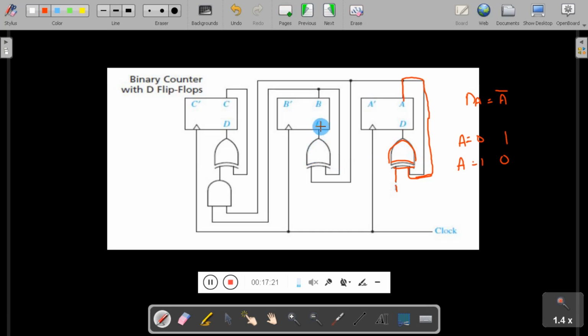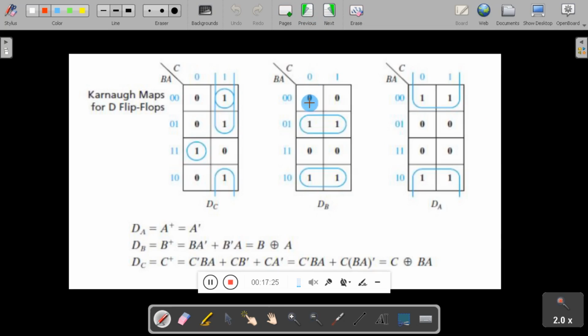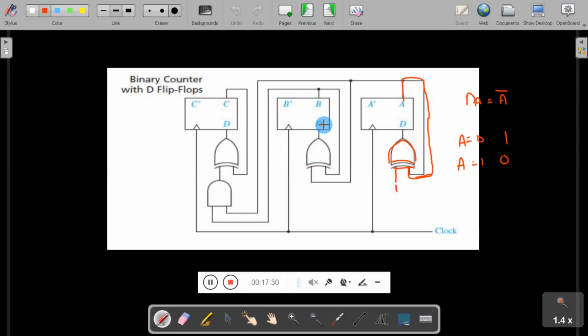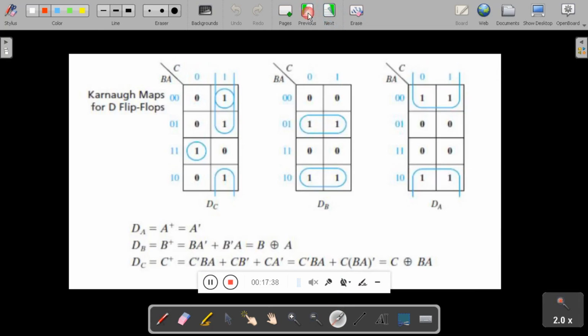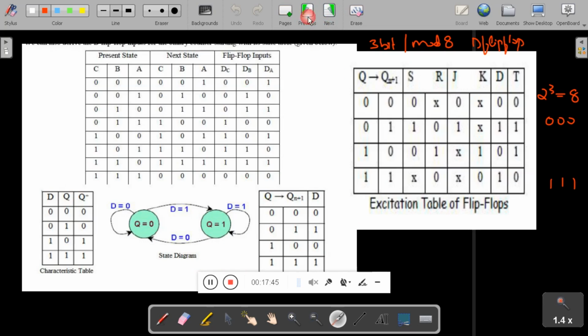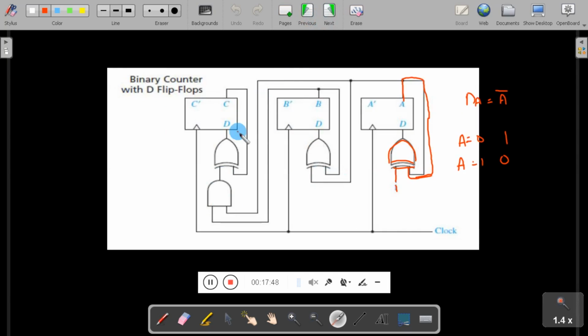Now DB, we'll see the value of DB from the previous slide. DB is the exclusive OR of B and A. Here you see the exclusive OR gate with B connected and A connected. Similarly, DC is C exclusive OR with BA. You can see here the exclusive OR gate of C with BA.